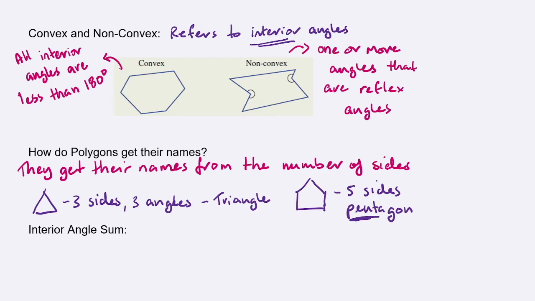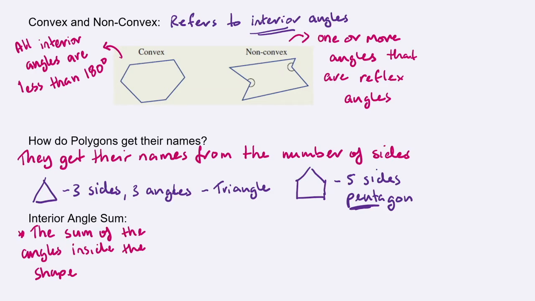Okay, so when we talk about the interior angle sum, we are actually talking about the sum of the angles inside the shape. Okay, so we're talking about those ones inside.